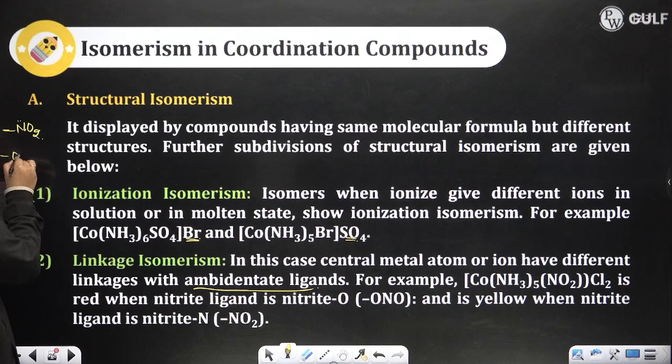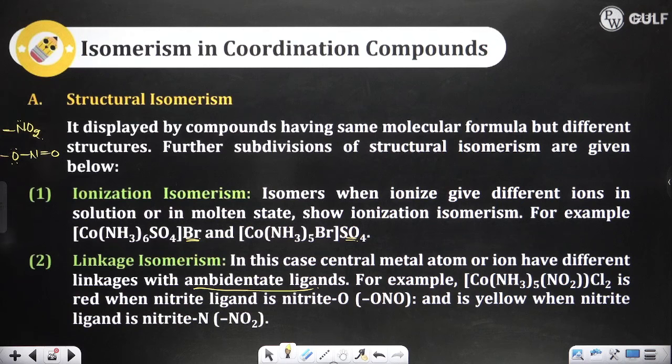And oxygen is also capable of giving its lone pair, right? So such ligands are known as ambidentate ligands. And if the metal atom is linked with nitrogen in one case, but in the other case it is linked with oxygen, they become linkage isomers.